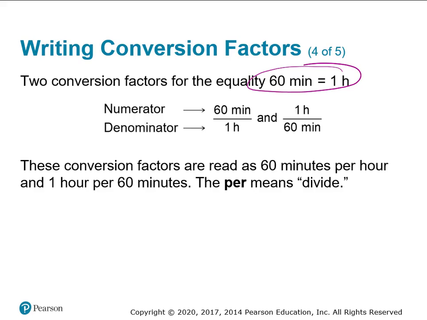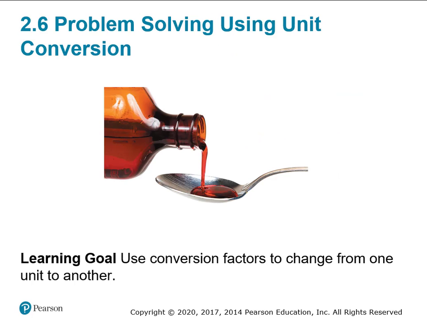Here's another example of a conversion factor. If 60 minutes is equal to 1 hour, we can say that there's 60 minutes in 1 hour, 60 minutes per hour, or we can say in 1 hour there is 60 minutes. So we can write it either or. Why do we care about these conversion factors and equalities? Well, because we're going to be able to solve problems using these conversion factors to change from one unit to another.